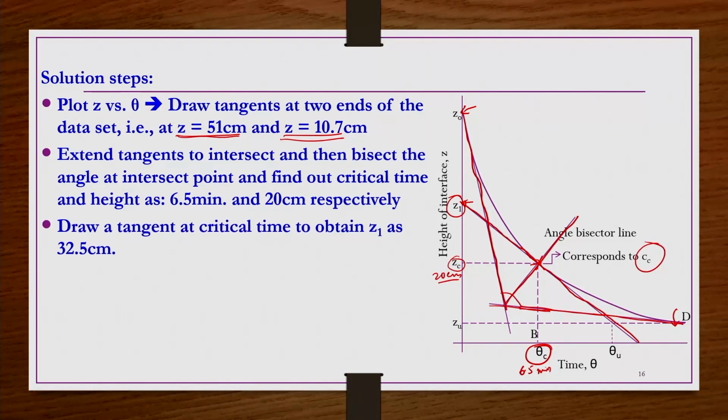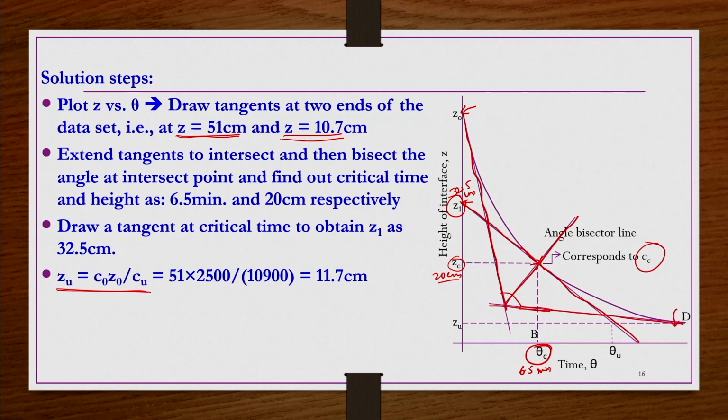When you draw the tangent at theta c, we get Z1 as approximately 32.5 centimeters. Then Zu, which is not given, we have to find out; it is nothing but C naught Z naught divided by Cu. When you do it, you will get 11.7 centimeters.